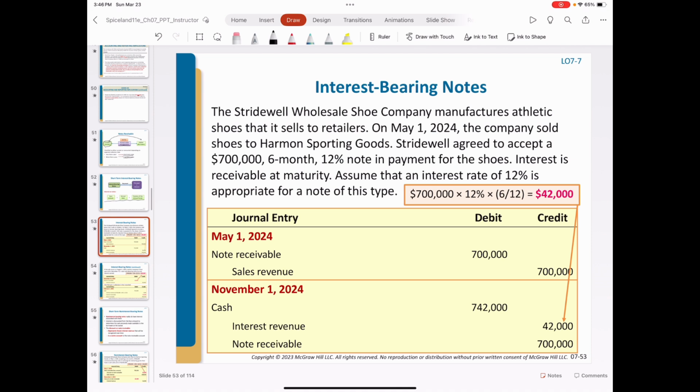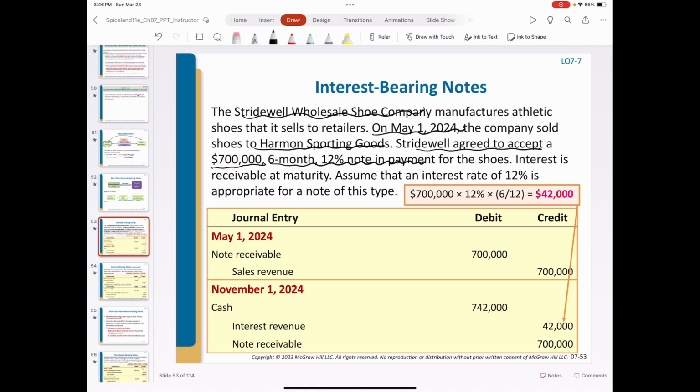Let's take a look at this example. This company on May 1st, 2024 sold goods to the customer, and agreed to accept a note, $700,000, 6 months, stated rate 12%.